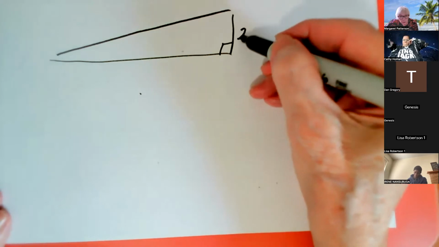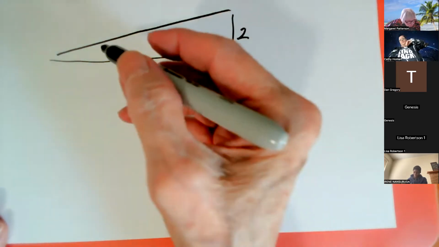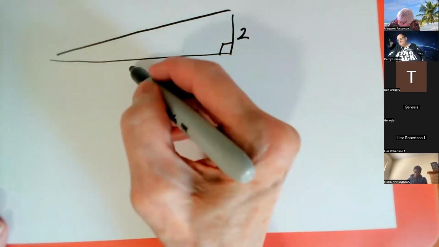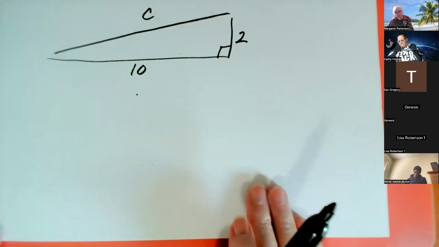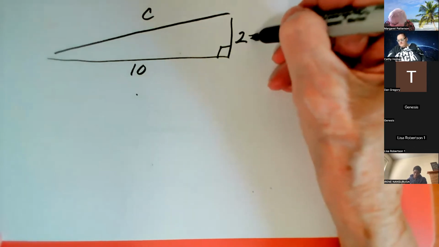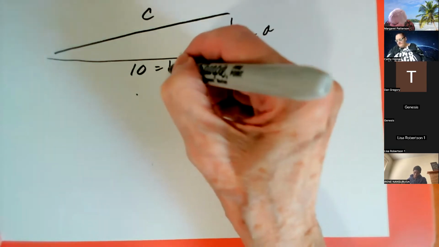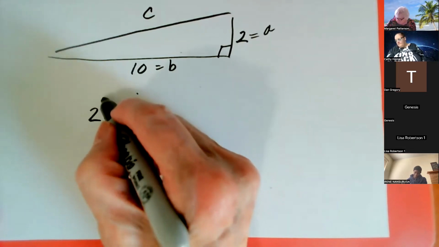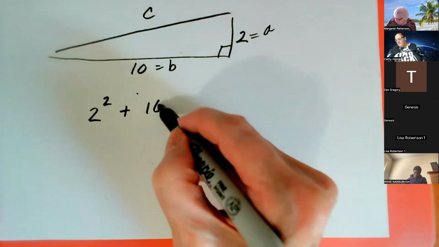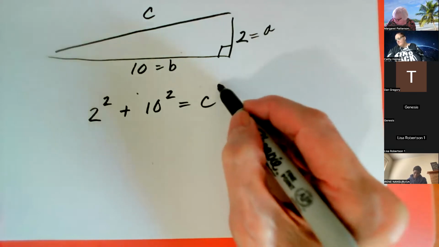This one is 2. This one is 10. And how much is this? So I could call this A and this B. 2 squared plus 10 squared is C squared.